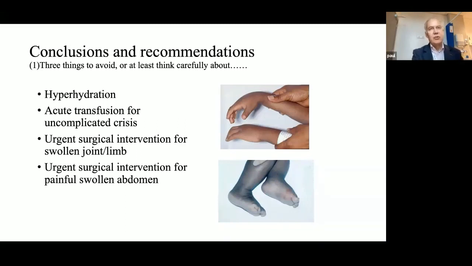You may well need to do an exchange transfusion, but a laparotomy is actually going to make things a lot worse. So here again, clinical judgment is needed, and knowledge of the spectrum of presentations of acute sickling rather than other surgical problems.